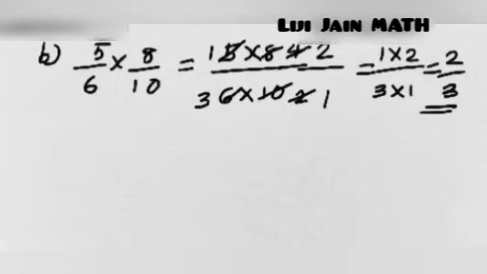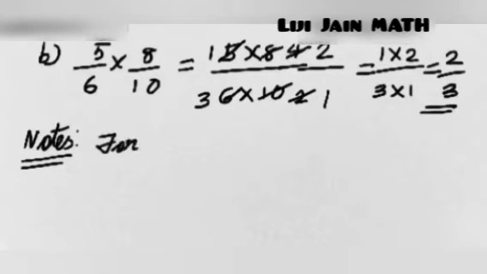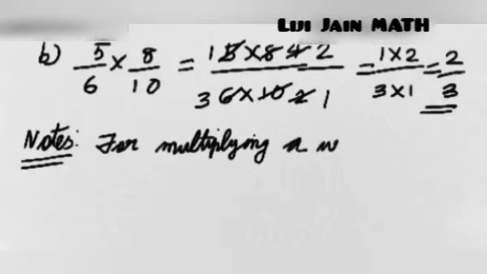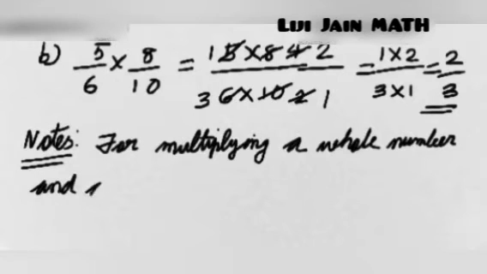And down you please write notes. We have discussed the case of multiplication of a whole number and a fraction, isn't it? For multiplying a whole number and a fraction, what has to be done?